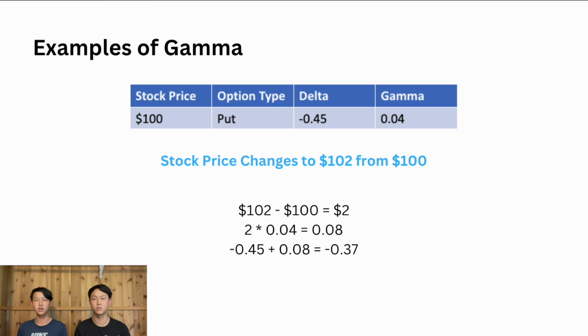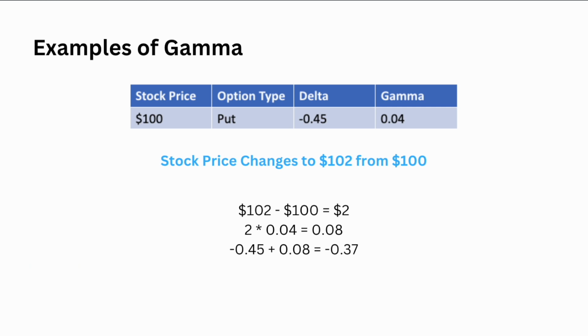Multiplying this by the gamma of 0.04 gives us 0.08. This is the amount the delta changed by. Adding this to our original delta of negative 0.45 gives us a new value of negative 0.37. So, from a $2 move in stock price, our delta changed from negative 0.45 to negative 0.37.